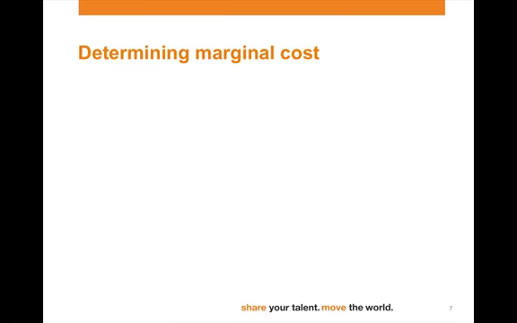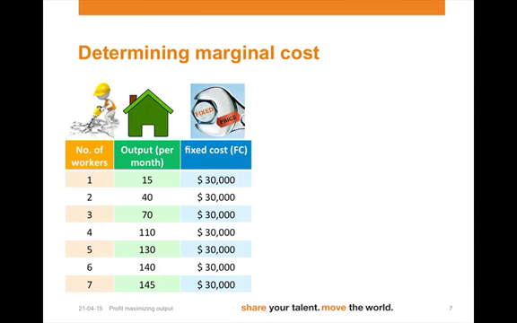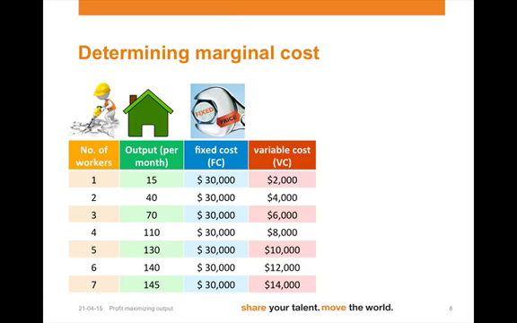Let's have a look at how we determined marginal cost. If we hire one worker, and that worker produces 15 units of output, then our fixed costs are $30,000. Our variable cost of $2,000 is related to the salary that we have to pay for our worker.